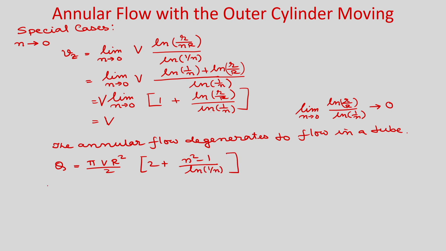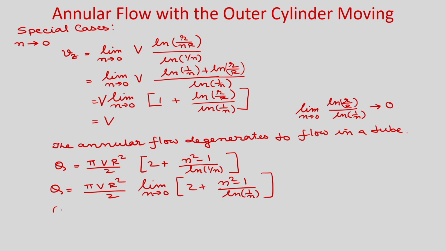So, you can see q when limit n tends to 0, 2 plus n square minus 1 by ln 1 by n. So, ln 1 by n will become infinity. So, this second term will become 0. So, q will be just pi v r square by 2 into 2. So, what is that? That will be v into pi r square, okay.